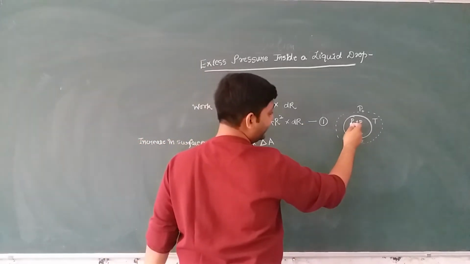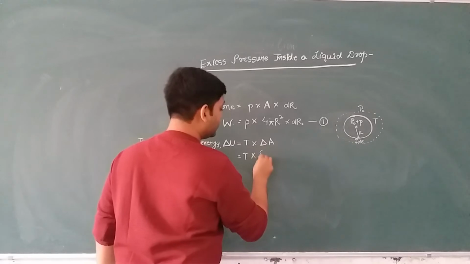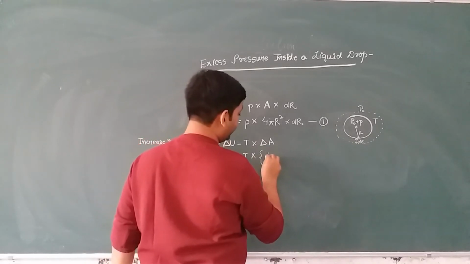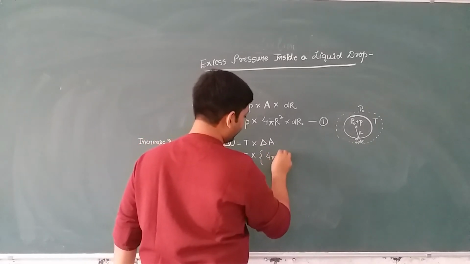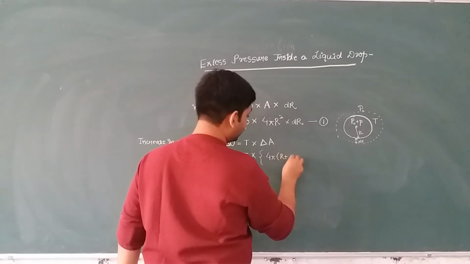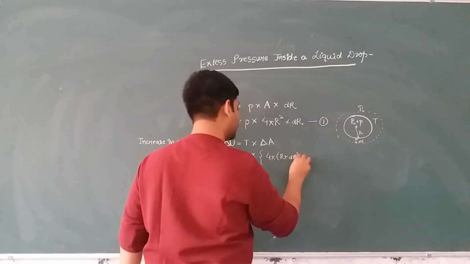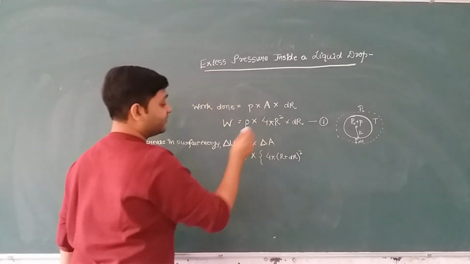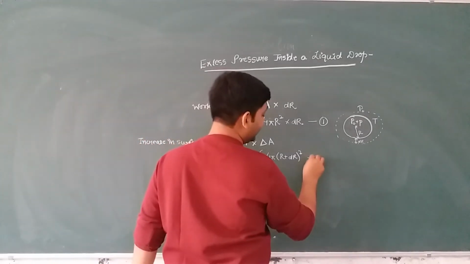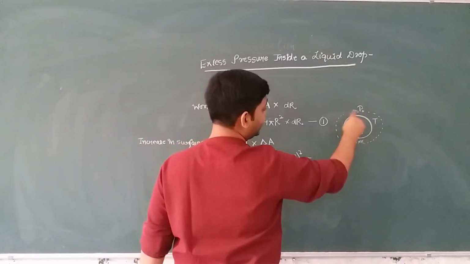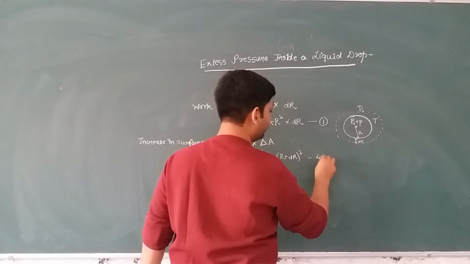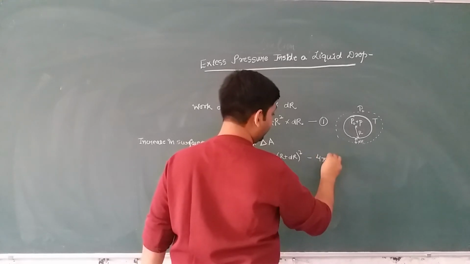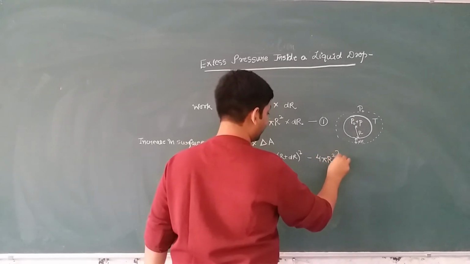Since the final radius is r plus dr, the final surface area will be 4 pi (r plus dr) square. Initially the radius is r, so the initial surface area will be 4 pi r square.